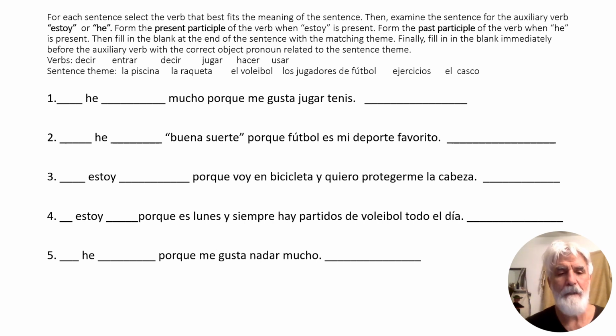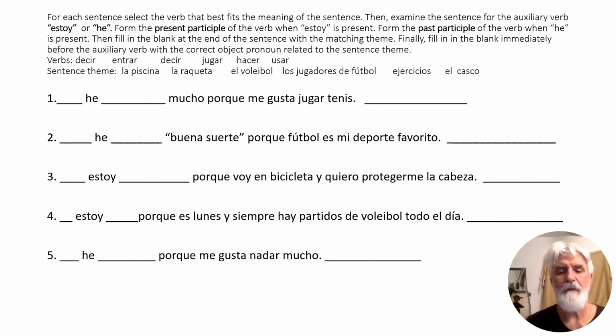So immediately look at your auxiliary or your helping verb. If you have he from haber, I have, you're going to use the past participle and form the present perfect tense.